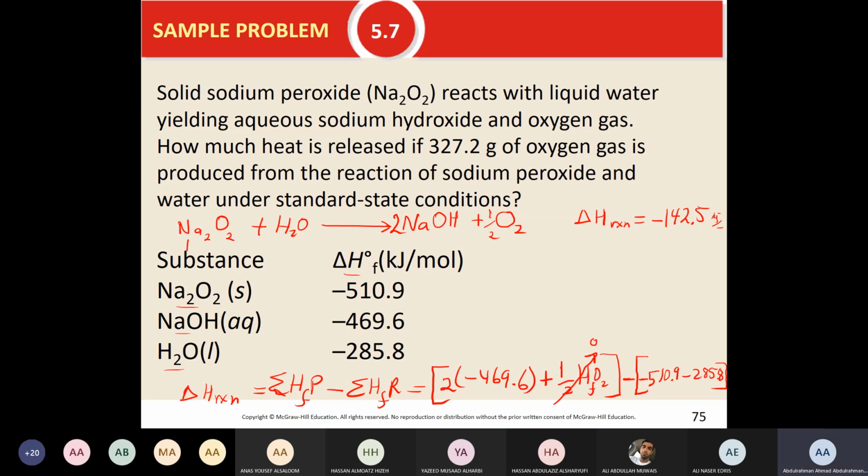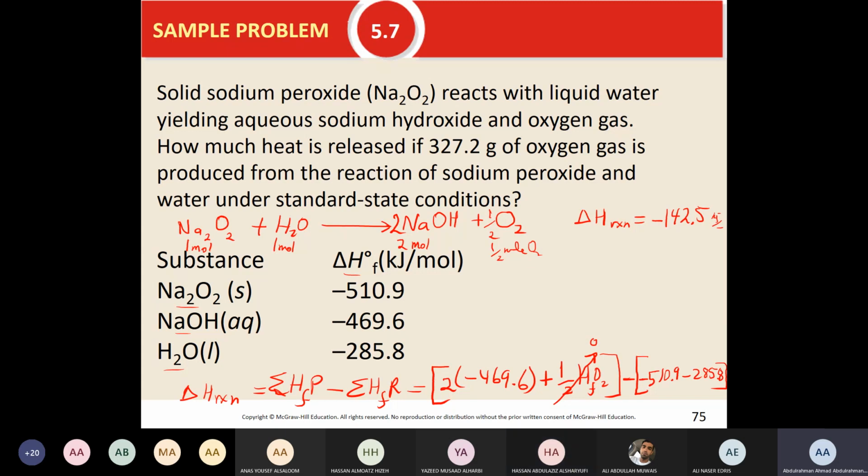We should say that 1 mole of Na2O2 reacts with 1 mole of H2O to make 2 moles of NaOH and half mole of O2. Right?